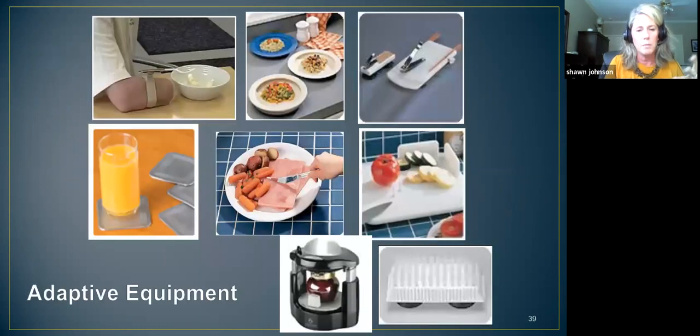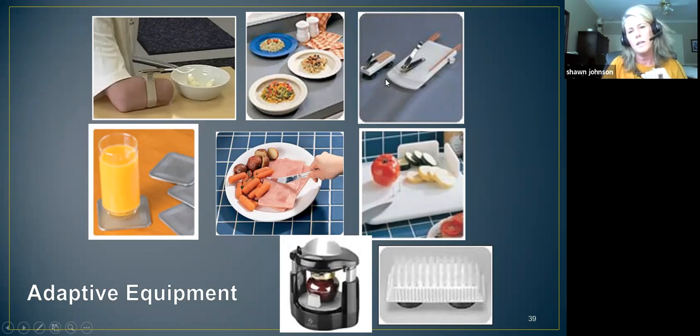And I mentioned the adaptive equipment, so I'll go around the circle here. This is a U-cuff, a universal cuff, with a utensil in it, so that someone could feed themselves, maybe in the example of someone with bilateral loss. And then scoop dishes, so that food doesn't slide off the plate, since they don't have another hand to help keep it in place.